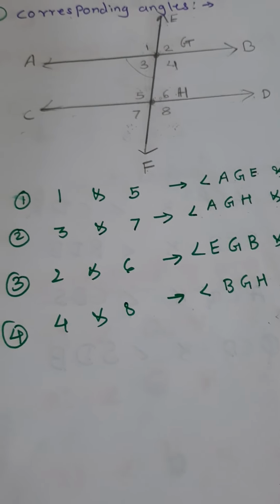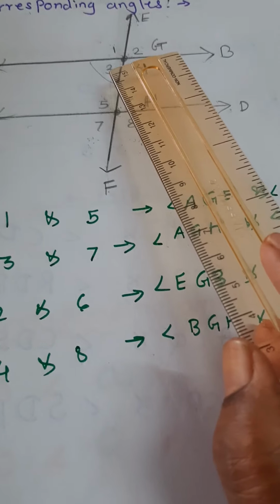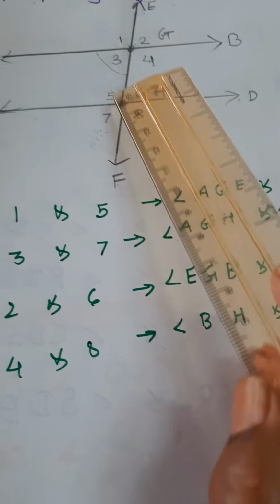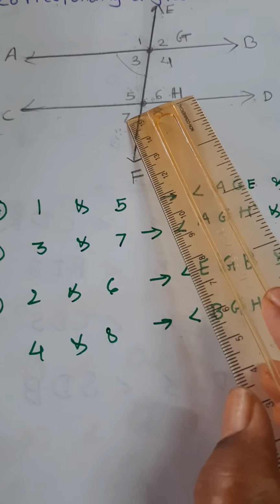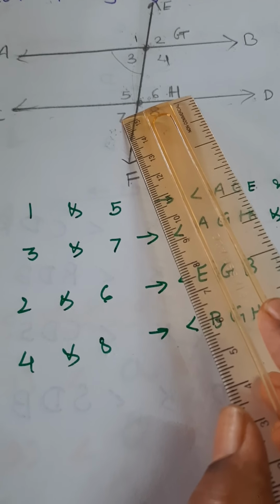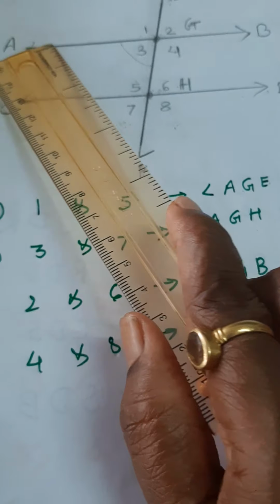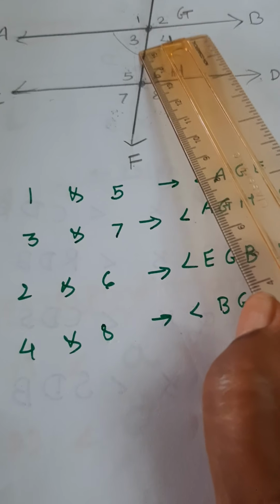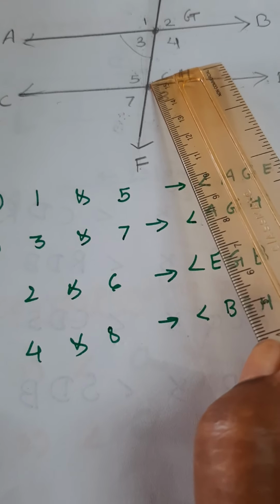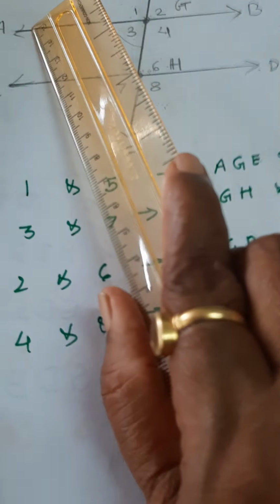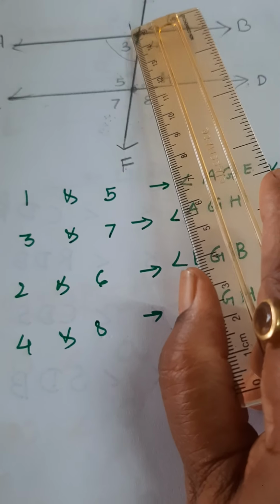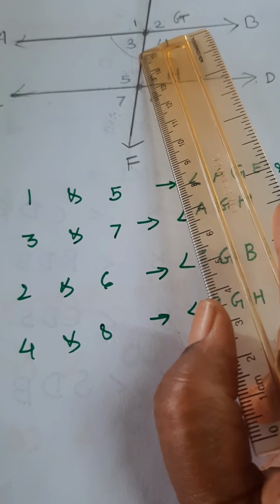Okay, now we see the second pair of corresponding angles. Angle number 3 and angle number 7. Now let's see the 3 letter name. Angle 3, how is it formed? Angle AGH or HGA. G should be in the middle because here the angle is formed.